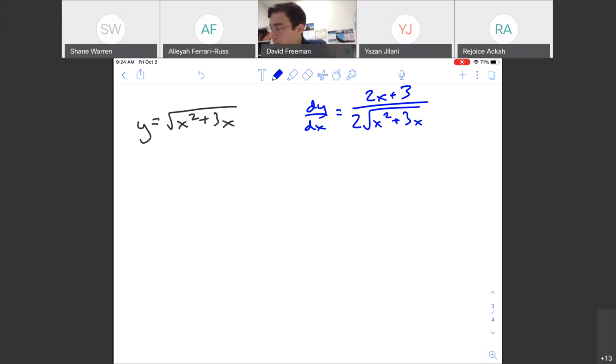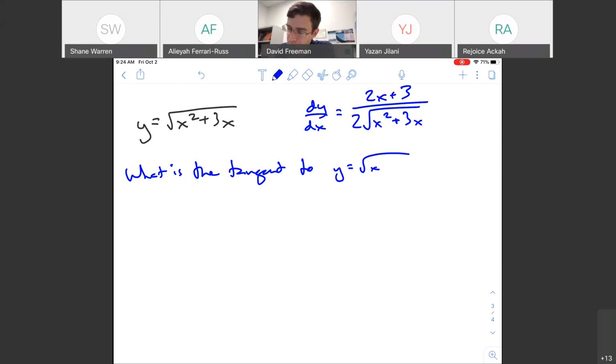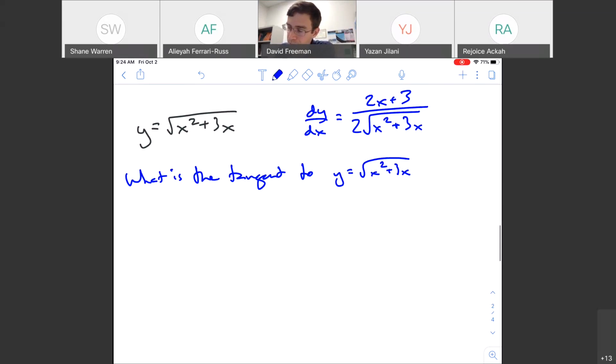So, let's do this. What is the tangent line to y equals the square root of x squared plus 3x through the point 1, 2?